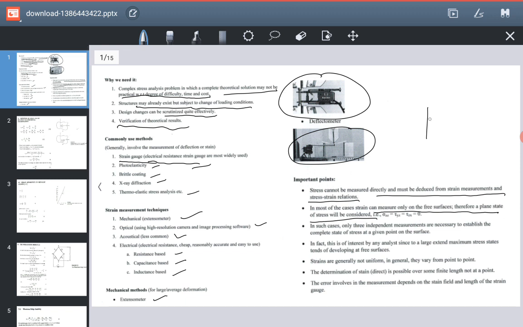So normally, if you have a certain body, you would not want that body to have certain shear stress.